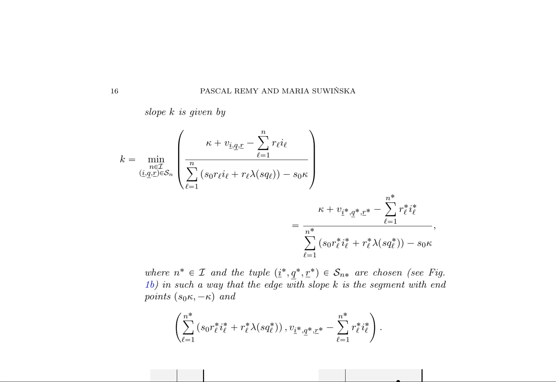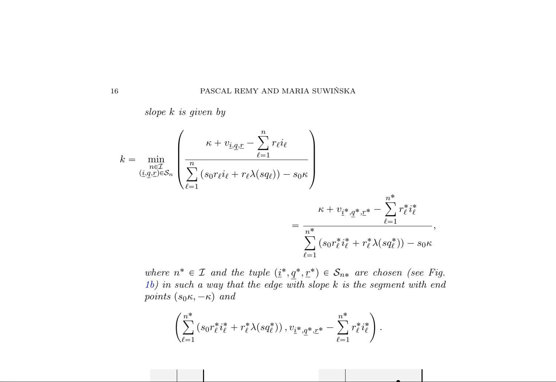The tuple is chosen such that the edge with slope k is the segment with the stated endpoints. This is illustrated in Figure 1, which shows the moment Newton polygon associated with equation 8.